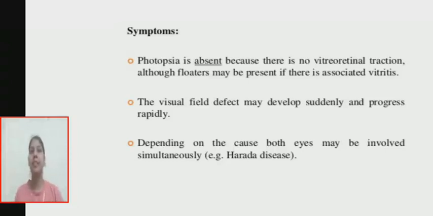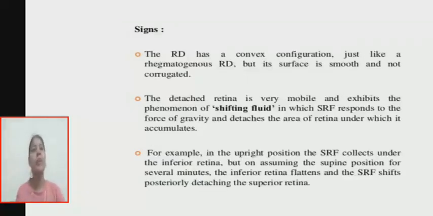The visual field defect may develop suddenly and progress rapidly. Depending on the cause, both eyes may be involved simultaneously, for example in Harada disease.